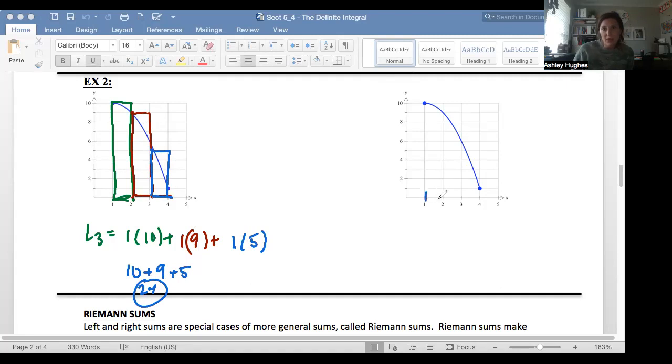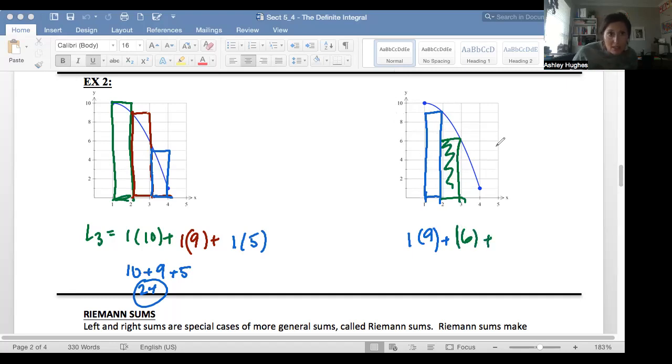And then if we do the right-hand one, instead of drawing from 1, we draw it to 2. So our first rectangle would be 1 times 9. Your second rectangle would be 1 times, you go from the right over, so 1 times 6. And then, wait, hold on. Is that the same graph?